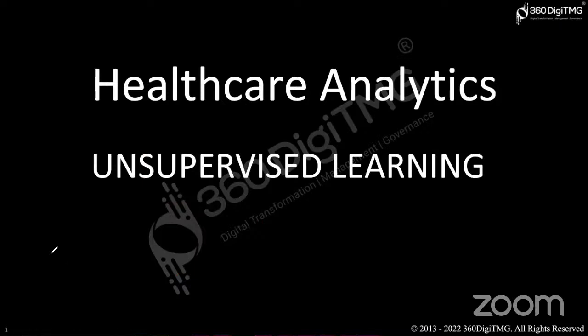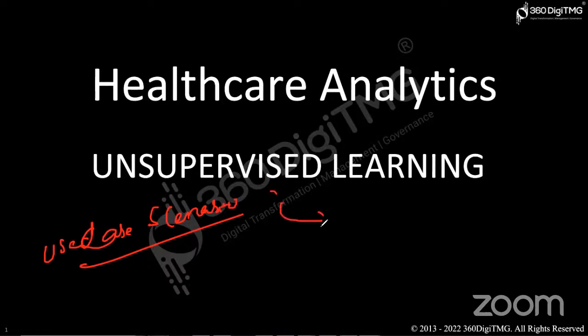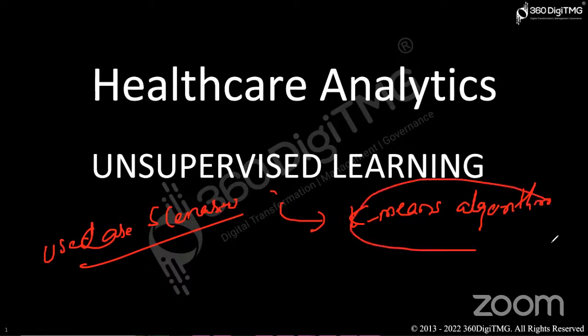So in this class, we will be going through hierarchical clustering. We'll be taking one use case scenario, and we'll be applying one unsupervised learning algorithm. In this case, we are taking the k-means algorithm, and we will apply it to the use case scenario and try to form the clusters.